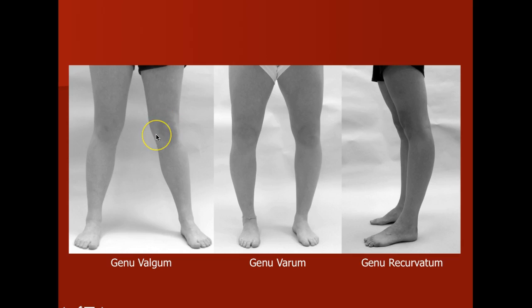Everyone might have a form of one of these three, but what you're really doing here is trying to figure out, okay, this person is probably more predisposed to having an MCL injury because their knee is already in this valgus position.